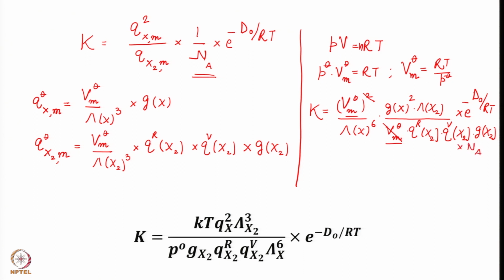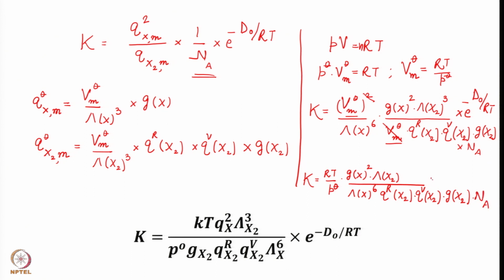So what I have now, K is equal to V, instead of Vm naught, I'll put RT by P naught into Gx square into lambda x2, of course this has to be cube, divided by lambda x raised to the power 6, Qrx2, Qvx2, Gx2 into Na into exponential minus delta E naught by RT.